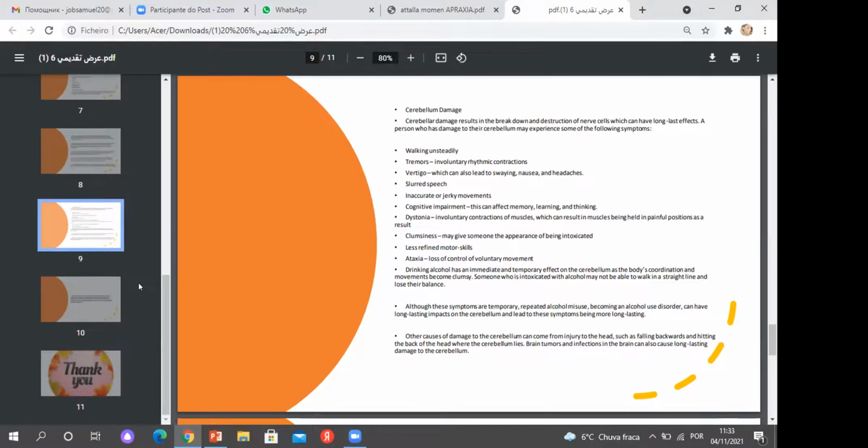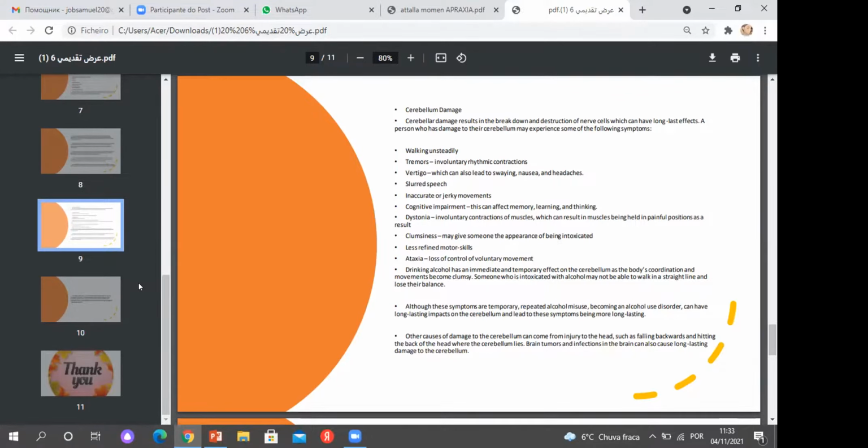Other causes of damage to the cerebellum can come from injury to the head, such as falling backward and hitting the back of the head, where the cerebellum lies. Brain tumors and infection in the brain can also cause long-lasting damage to the cerebellum.